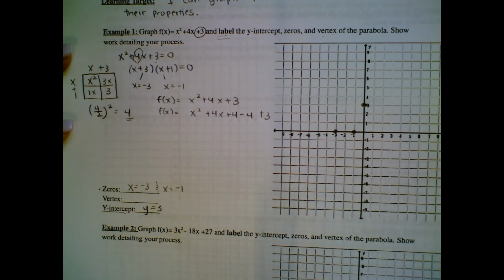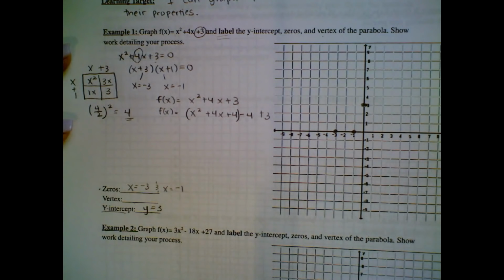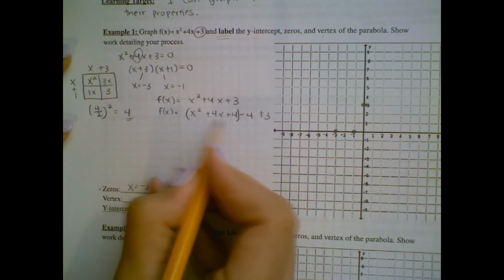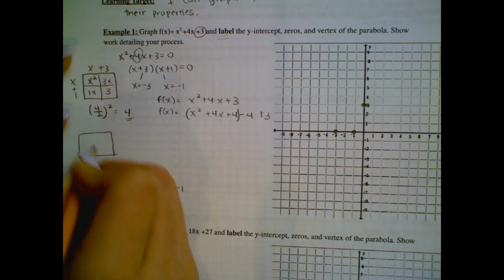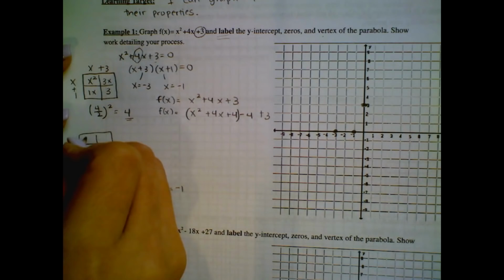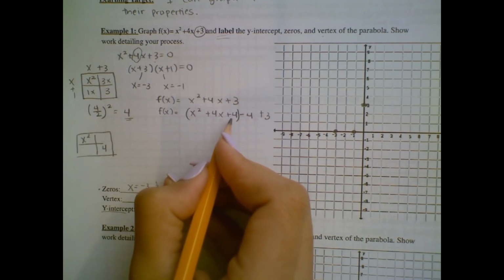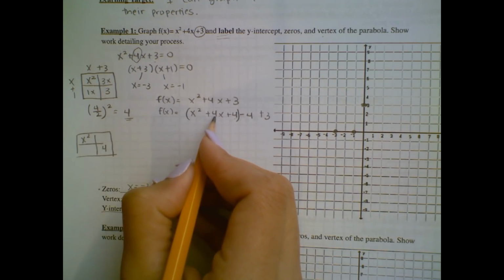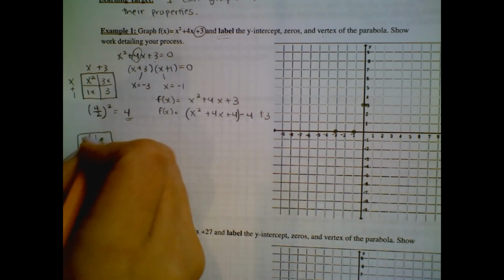The next step is step 4, which is to group the first 3 terms and then factor those first 3 terms. So again, we have to do another box method here to factor. Now what I'm looking for is what multiplies to give me positive 4, but also adds to give me positive 4. I know 2 times 2 is 4, and 2 plus 2 is 4, so those work perfectly fine.